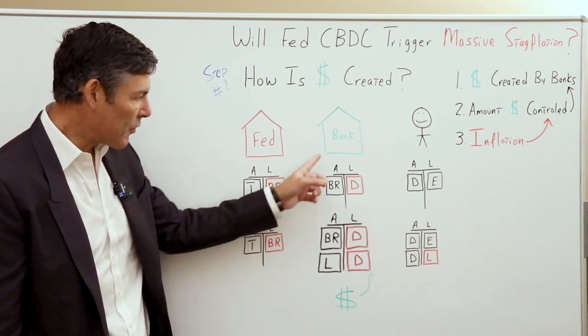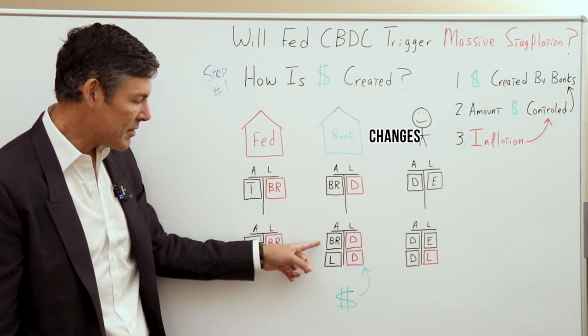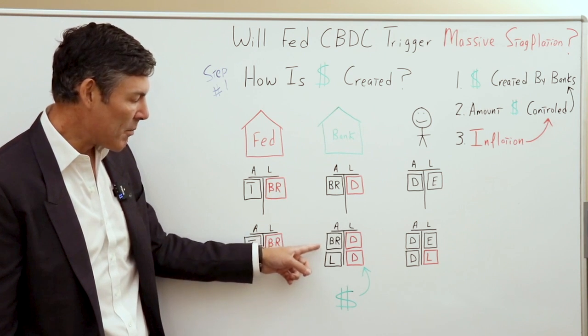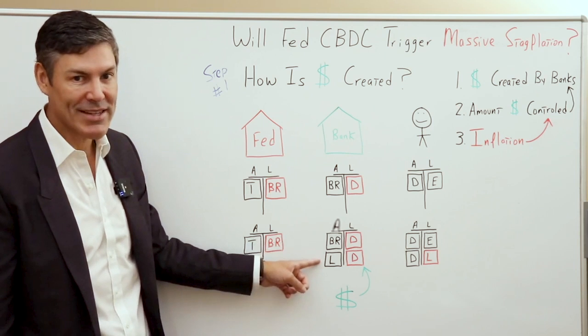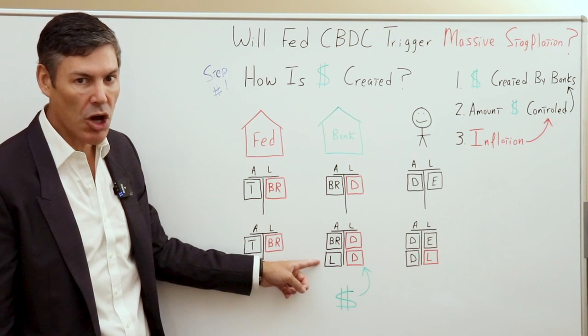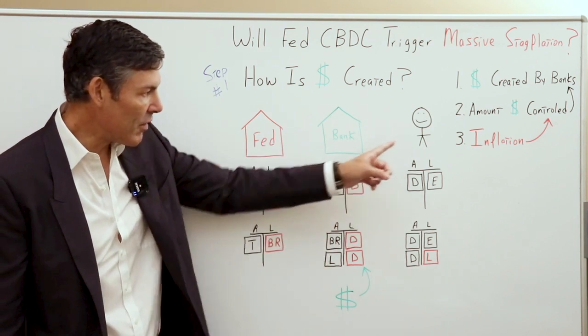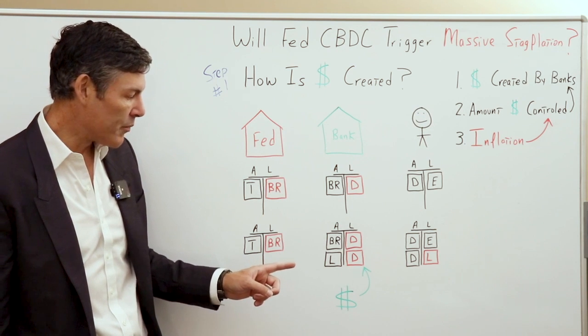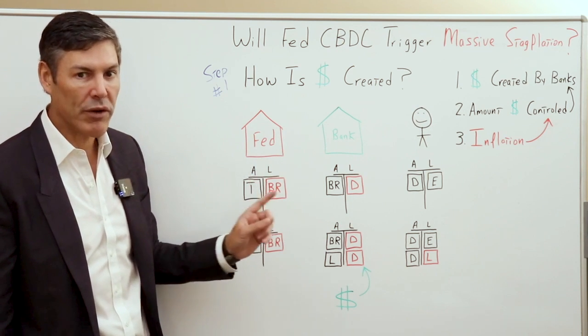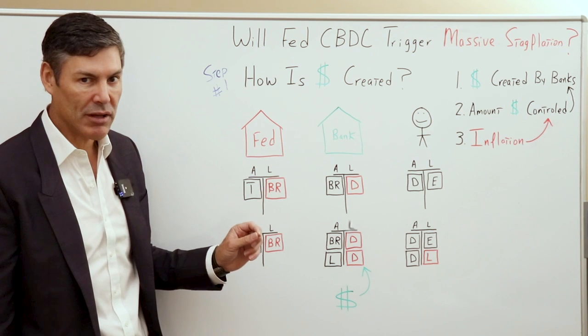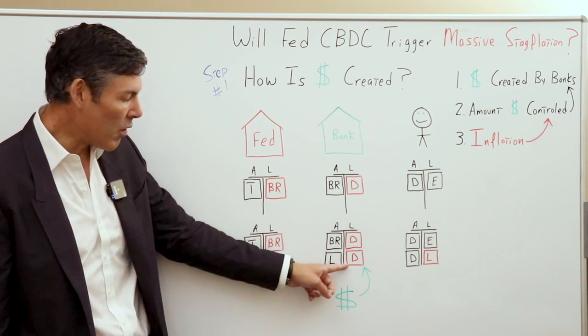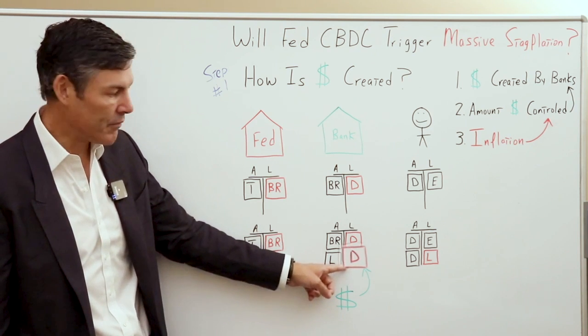But the balance sheet for the bank changes. Same amount of bank reserves, but now they have an additional asset in the form of the loan they just gave the average Joe. But they also have an equivalent liability because now Joe has an additional deposit.